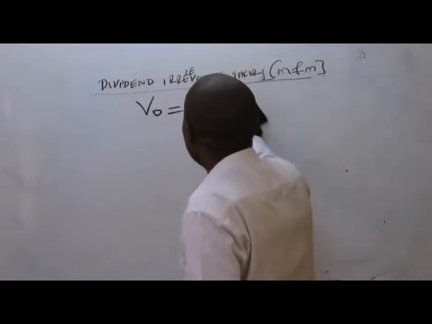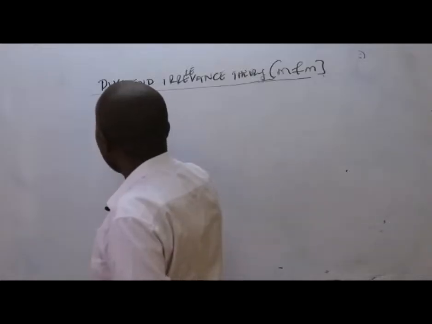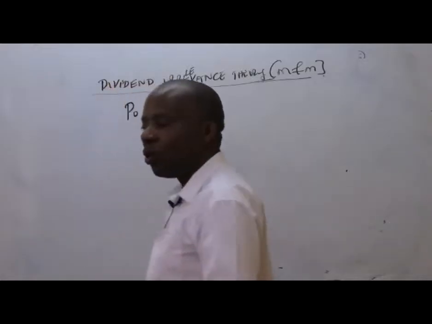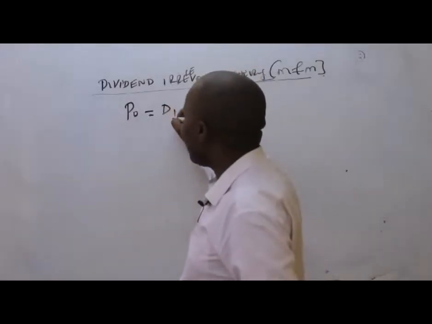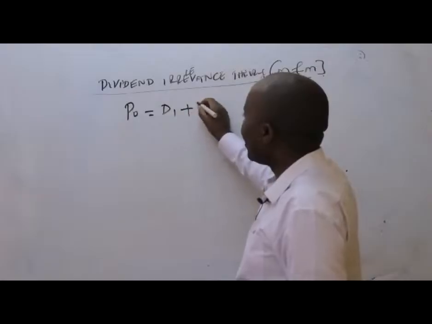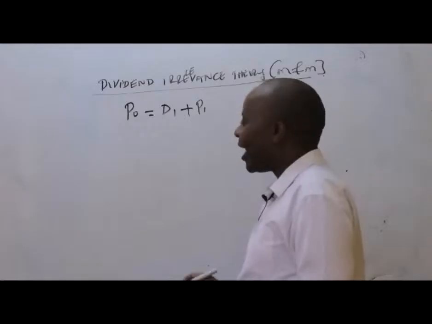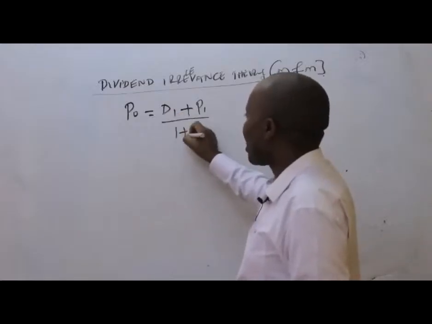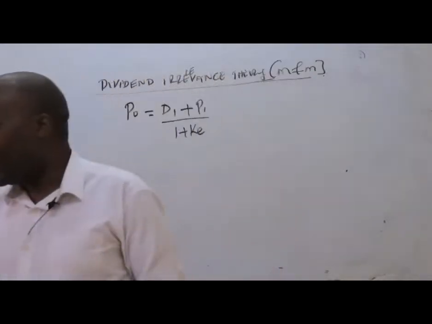Using the dividend irrelevance, we normally say P0 equals the end of year dividend, plus the end of year price, discounted.